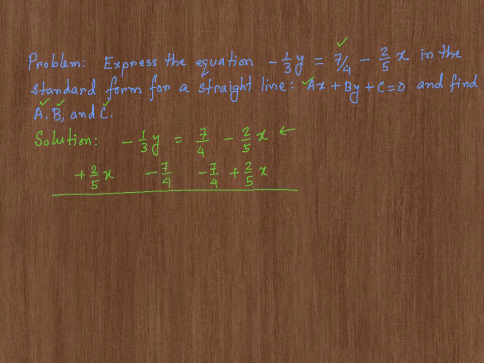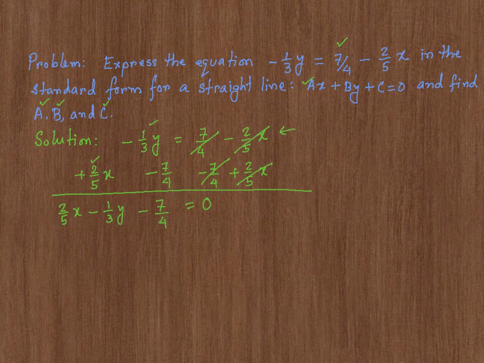And once we do that, on the right hand side, note positive 7/4 and negative 7/4 cancel, negative 2/5 x and positive 2/5 x cancel, and that gives me 0. On the left hand side, I have 2/5 x minus 1/3 y minus 7/4.